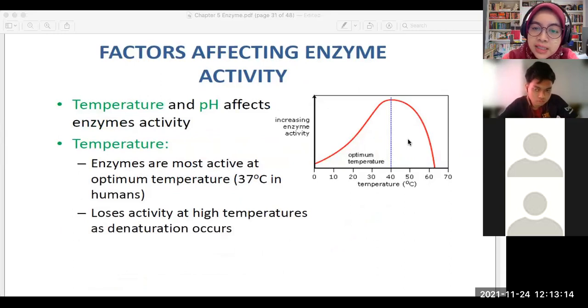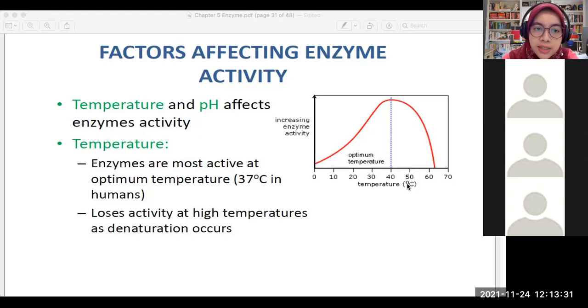When the shape of the enzyme is altered, it will change the active site. Remember, enzymes have an active site. When the active site is altered, substrate cannot come and bind, so the rate of reaction becomes low.